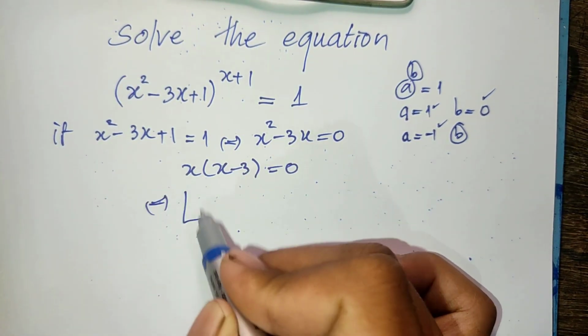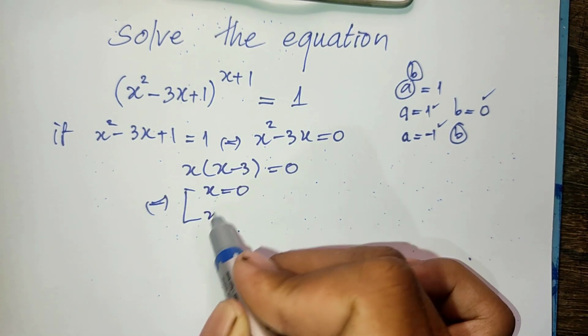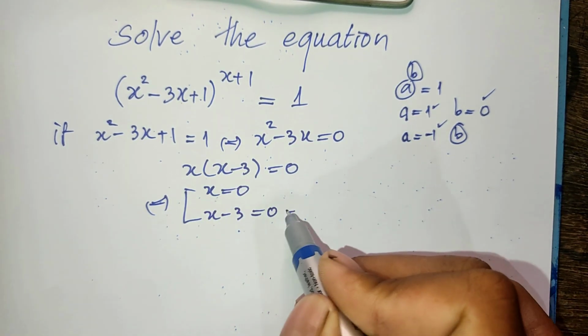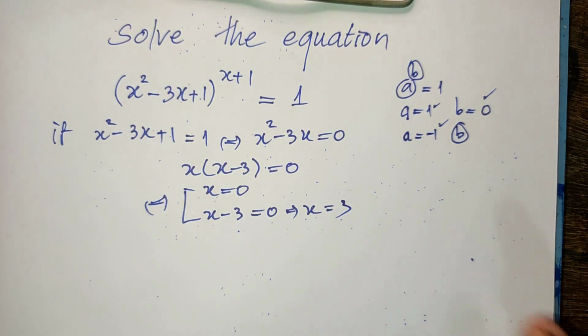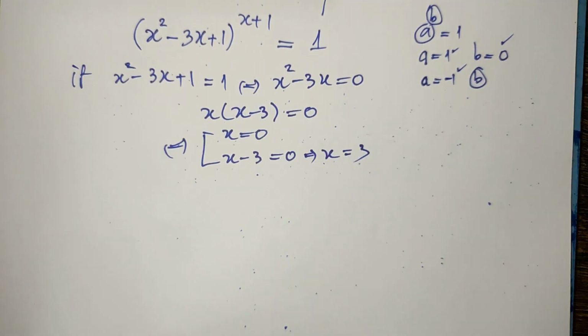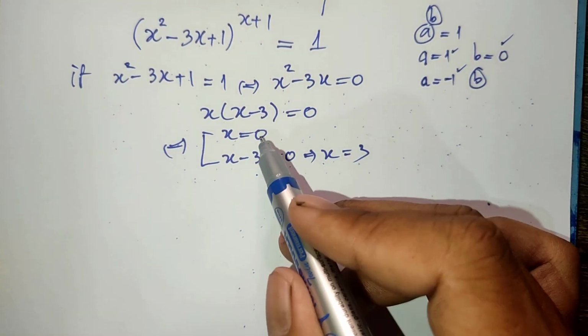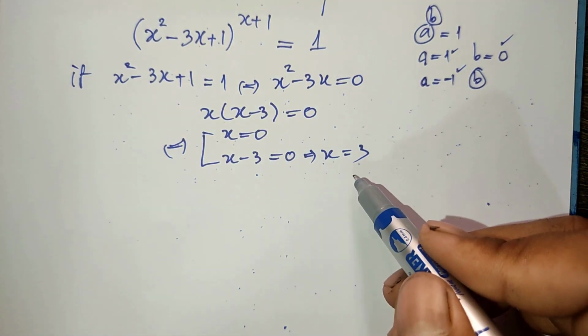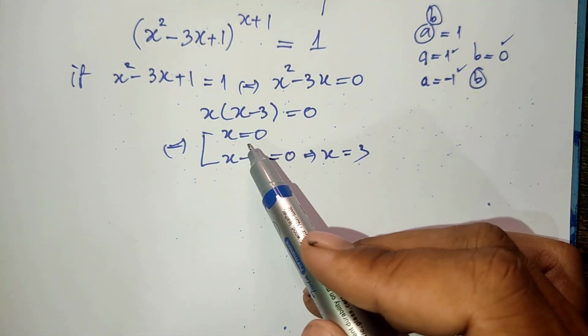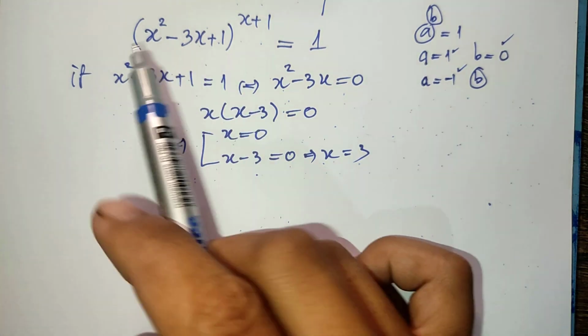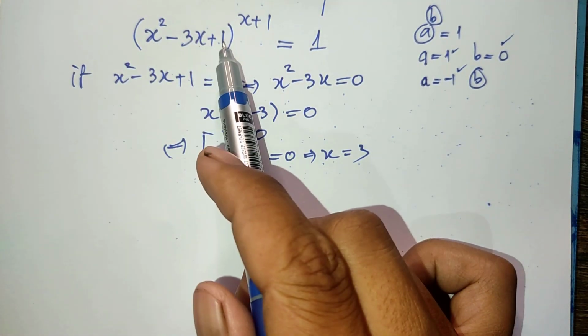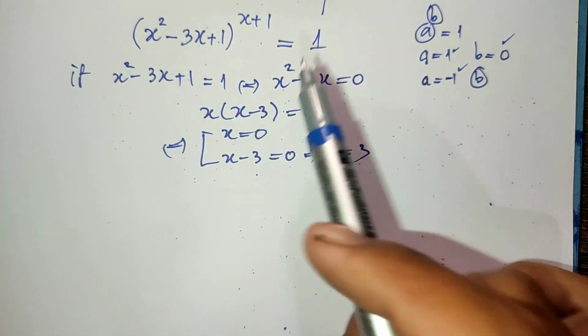We get the values x is equal to 0, and x minus 3 equals 0, so x is equal to 3. Okay, now if we replace it by 0, we get 1, and 1 to the power 1 is equal to 1 too.